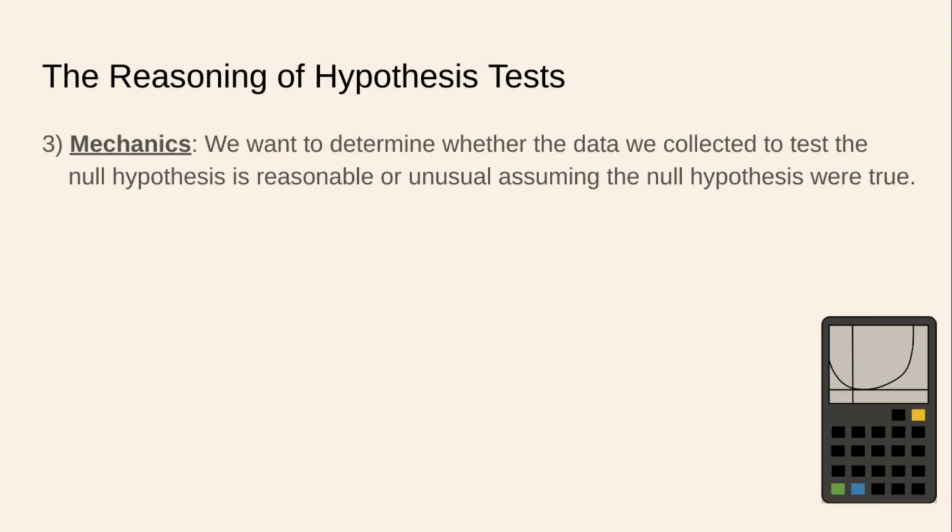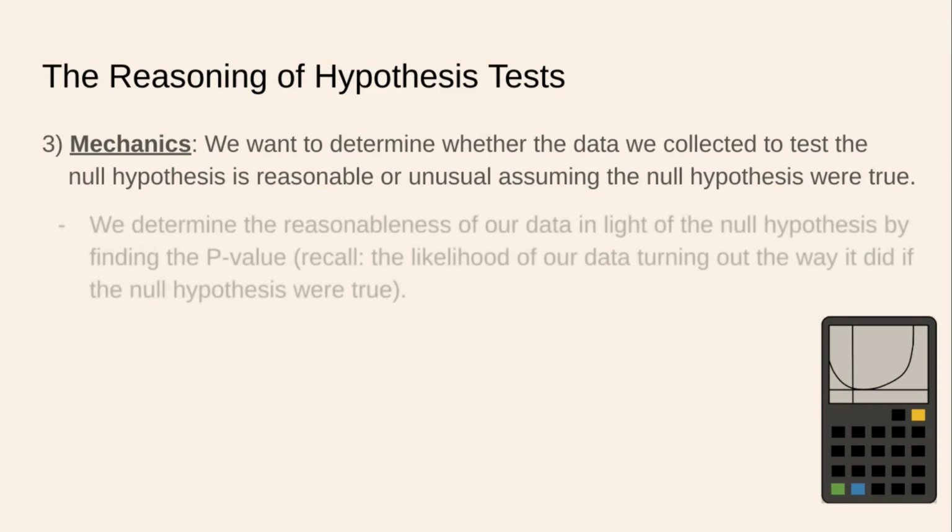But if our data are unusual, assuming the null hypothesis were true, well, maybe that assumption's false. Maybe we should reject the null hypothesis and support the alternative hypothesis. But again, we can never, ever, ever support a null hypothesis. That is impossible, right?